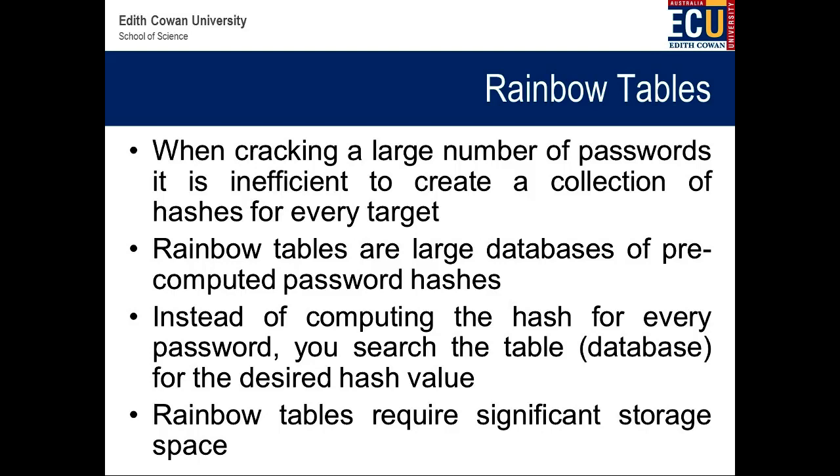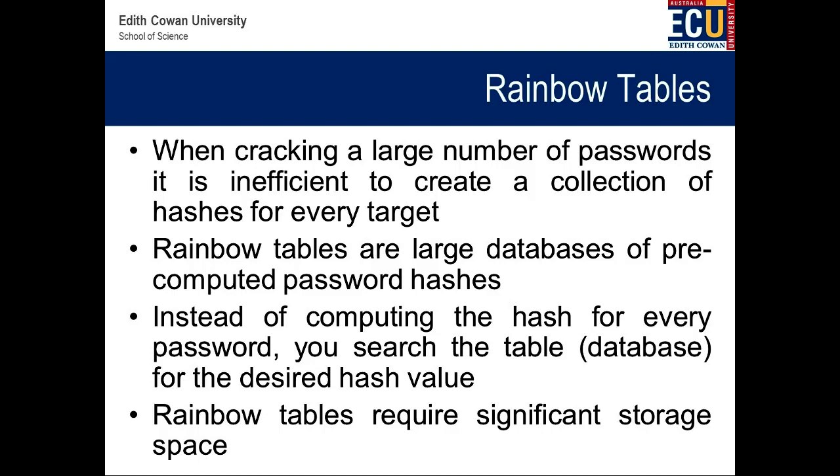We are taking the hash value from the file that we obtained from the user's system, and the hash value that is available in the rainbow table, and comparing these two values. So we are taking the help of pre-computed hash values, and that's why we call them rainbow tables, which are a large database of pre-computed password hashes.